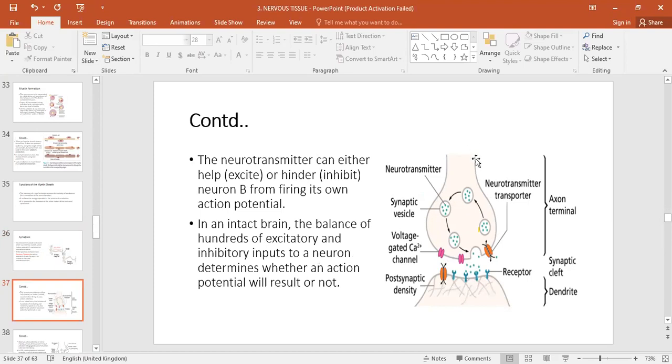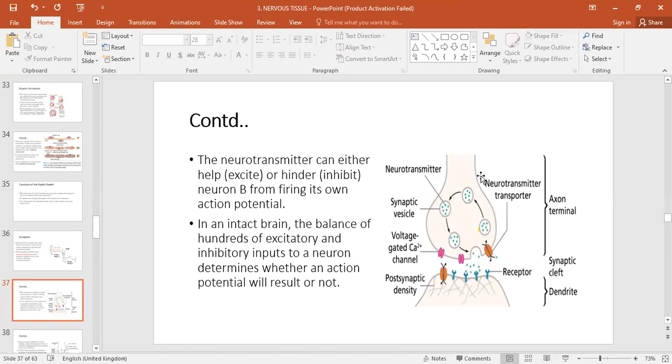So here we are saying it was electrical impulse, but at the synapse, it is chemical impulse. So in the synapse, the message is chemical. On the axon, the message is electrical.